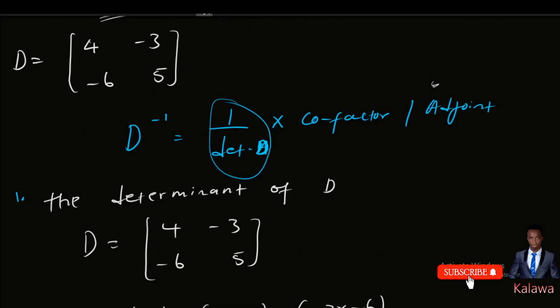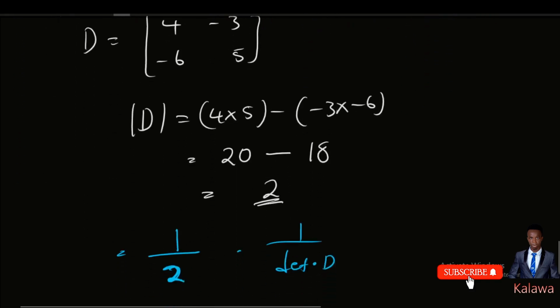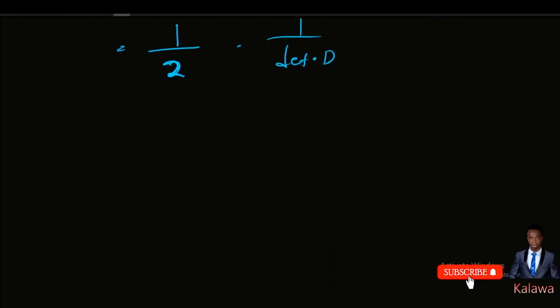This one is clear. What is left now is to find the cofactor, or the adjoint. We say that is step 2. Now let's determine the cofactor.